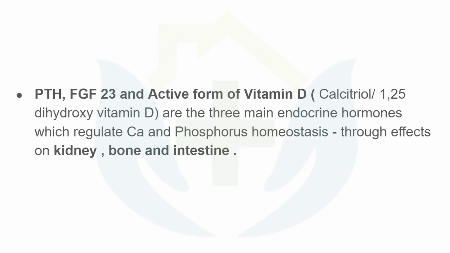To summarize, PTH, FGF23, and active vitamin D or calcitriol are the three main endocrine hormones which regulate calcium and phosphorus homeostasis through their effects on kidney, bone, and intestine. Abnormalities in these three hormones are the major pathogenic mechanism for development of CKD-MBD.